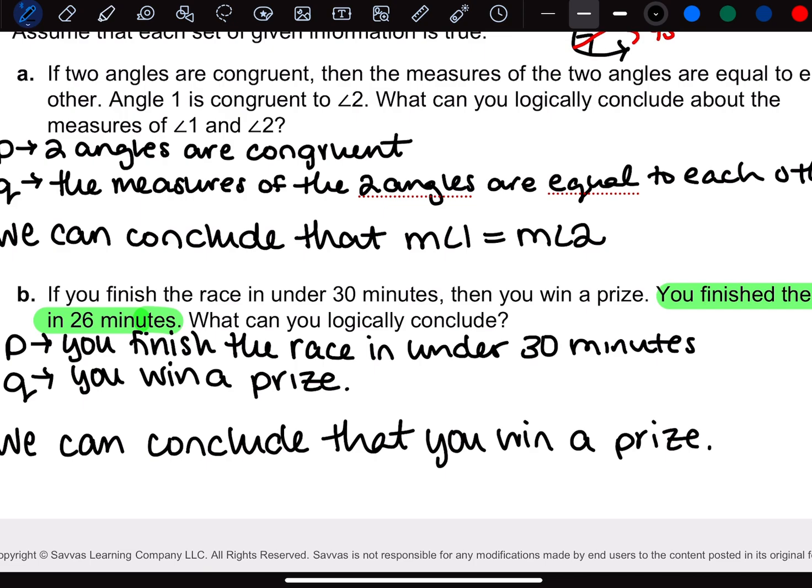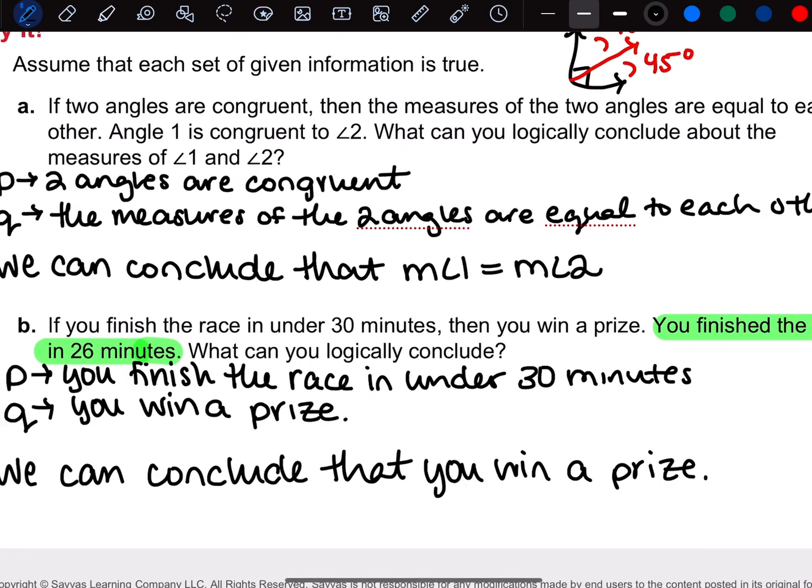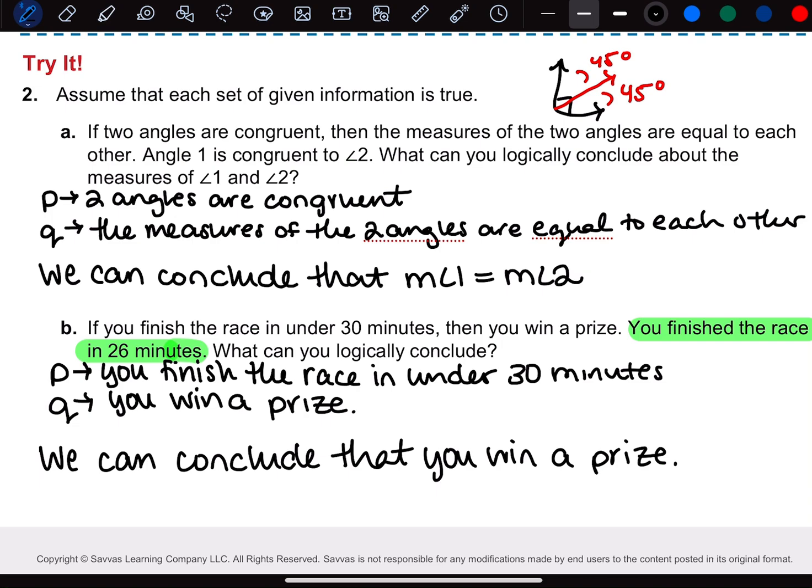The answer would be no. But that's actually the converse of the statement: if you do not finish in under 30 minutes, then you will not win the prize, which is still a true statement. But in this case, you did go under the 30 minutes, which was the hypothesis. Therefore, you met the conclusion, a true situation. Pause the video if you still need to write this down. If not, we're going to move on to the next example.